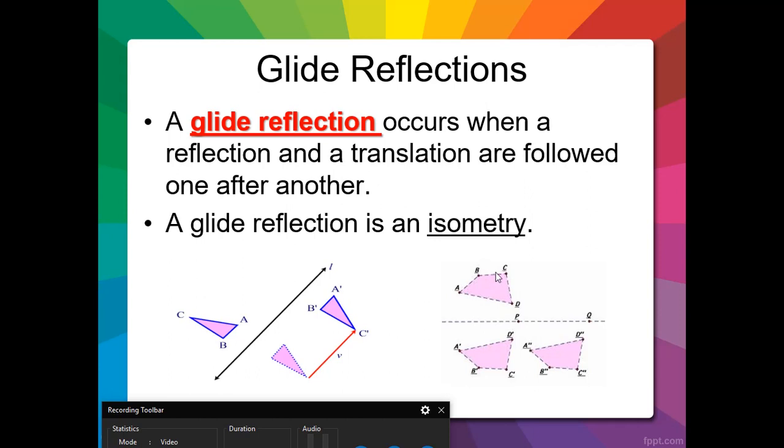Again, it appears as though it was reflected over line PQ to produce the prime image, and then it was translated to get the double prime image. The great thing about a glide reflection is if you don't follow the order correctly, you're still going to end up with the correct image in the end.